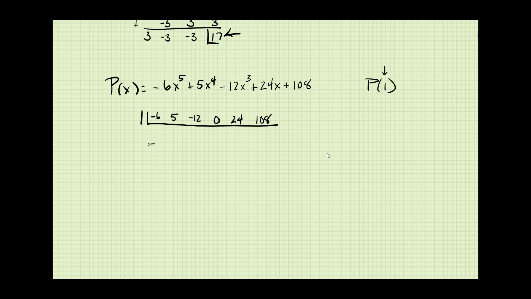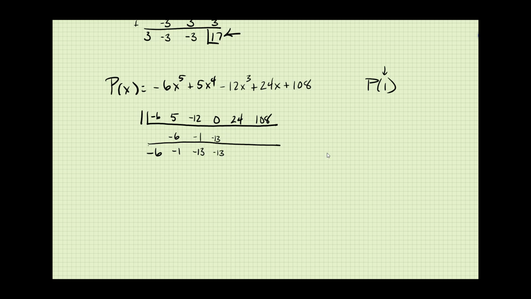And then we just go through the process now. Bring down the -6. Okay, so 1 times -6 is -6. Add, and I get -1. 1 times -1 is, well, -1. Add, I get -13. 1 times -13, well, is -13. Oh, not -113, -13. And I add, and I get -13.